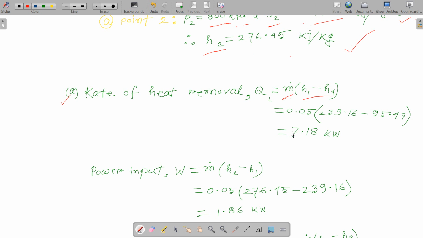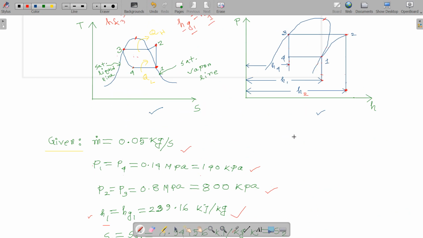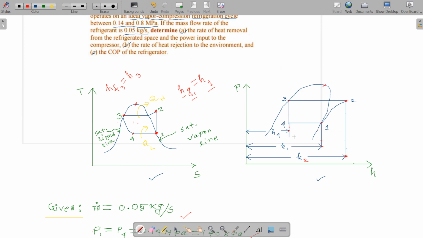So how is it H1 minus H4? We know the heat removal occurs in the evaporation process, and we know evaporation is from point 4 to point 1. So look at the PH diagram. Evaporation is occurring between point 4 and point 1.